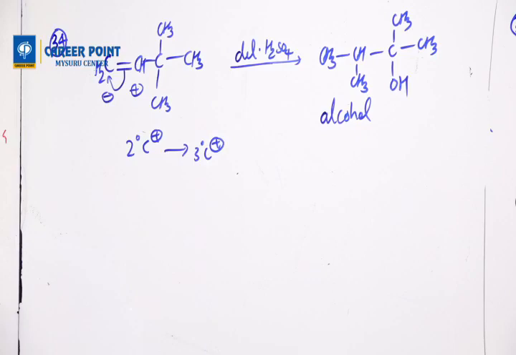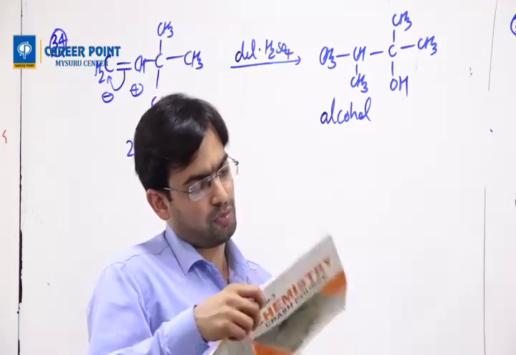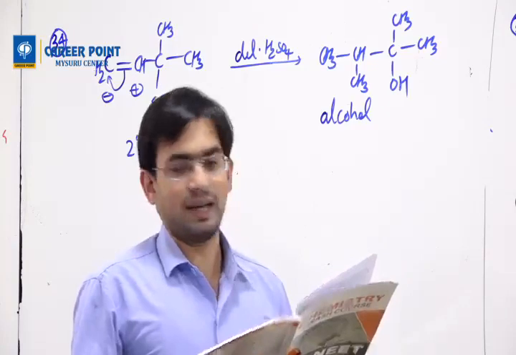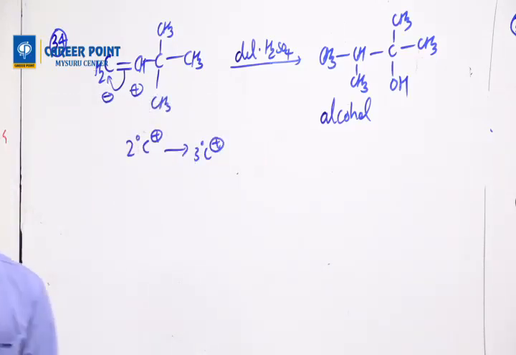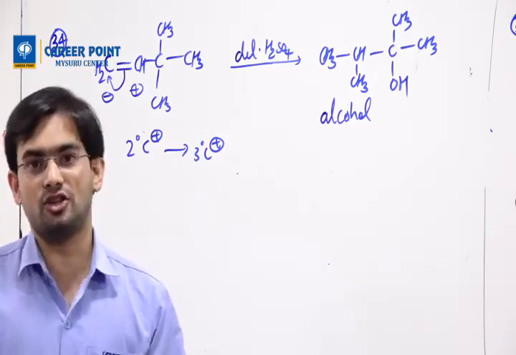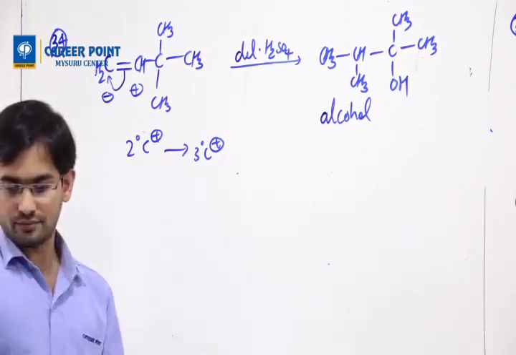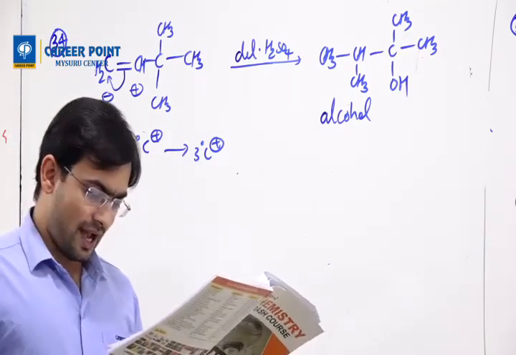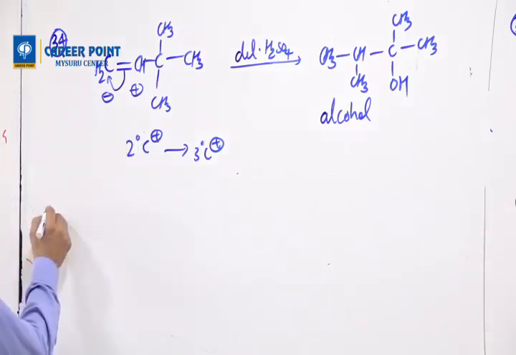Question number 47. Which reagent is effective in producing 1-bromopropane from propene? This is anti-Markovnikov's rule, so you can add HBr with peroxide. So the second option, 47 done. Question number 44: ethylene when treated with alkaline KMnO4 forms glycol.